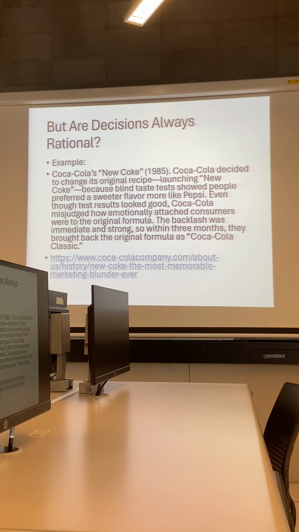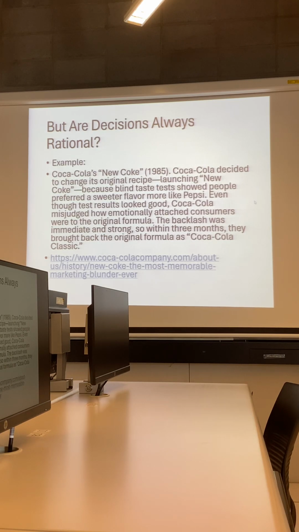Even though the taste results looked good, Coca-Cola misjudged how emotionally attached consumers were to the original formula. The backlash was immediate and strong. Within 3 months, they withdrew it and went back to the original formula as Coca-Cola Classic.